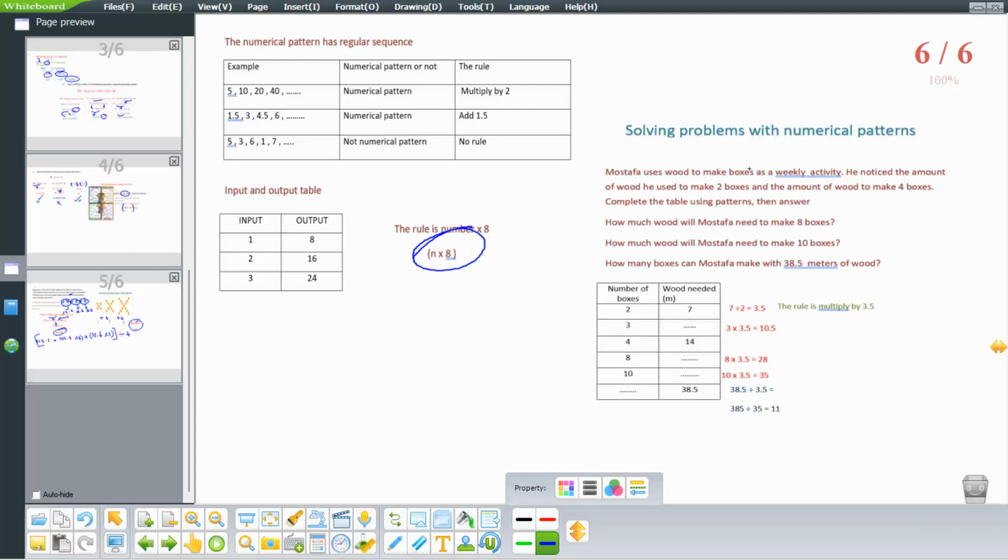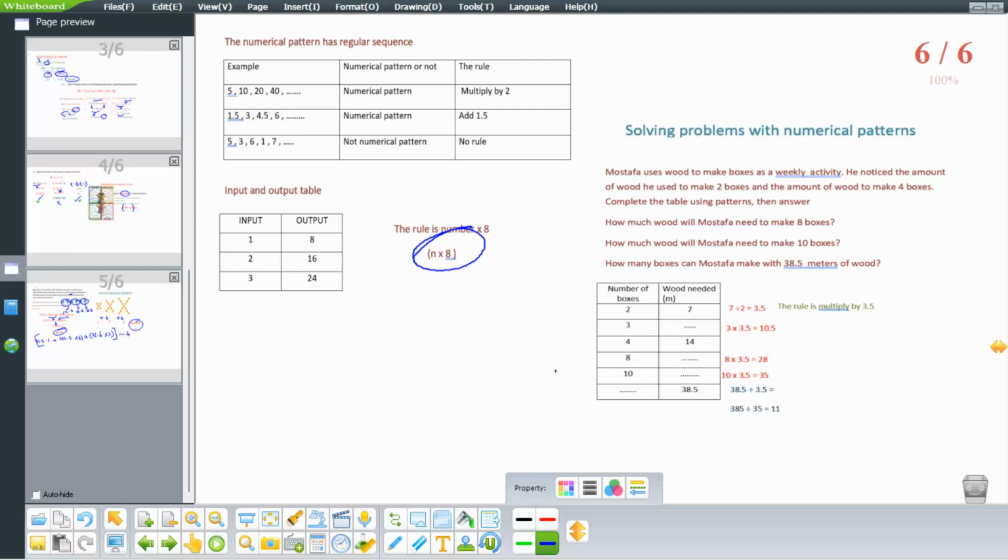Okay, let's know how to solve a problem with a numerical pattern. Mustafa uses wood to make boxes as a weekly activity. He noticed the amount of wood he used to make 2 boxes and the amount of wood to make 4 boxes, and he recorded that in the table.